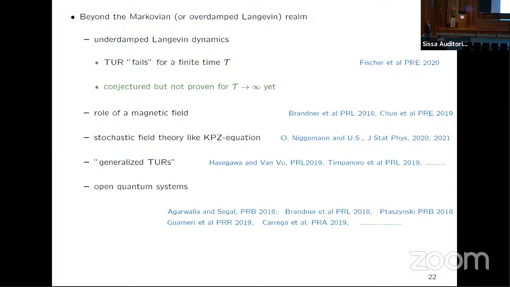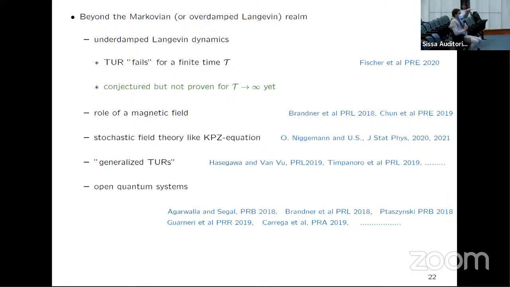There is space for a very quick question, if there is anyone. My question is about the non-Markovianity. In this list, the non-Markovianity is in the item of stochastic field theory, right?